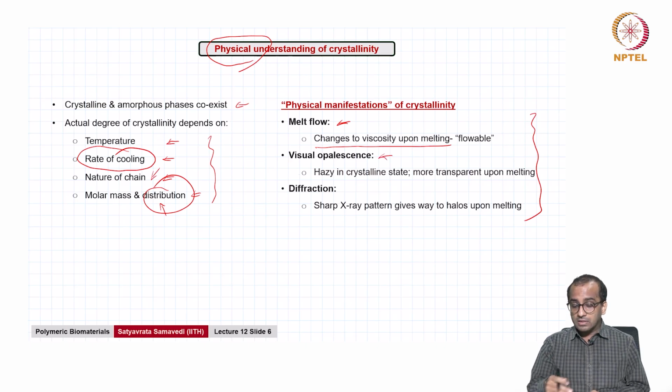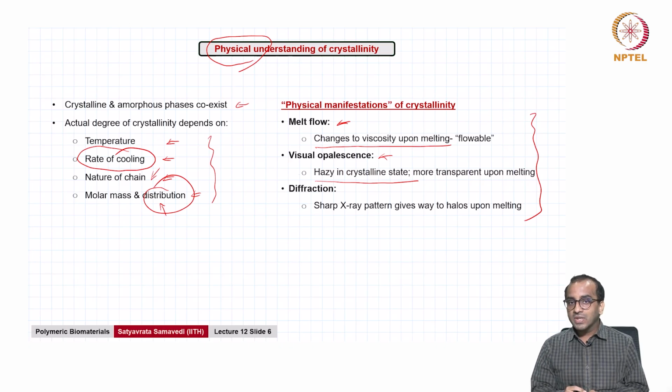Another is this idea of visual opalescence, where because of differences in densities between the crystalline and the amorphous domains, the crystalline domains tend to be more hazy as compared to amorphous domains, which are more transparent. So, you will see a change going from the solid to the melt state.